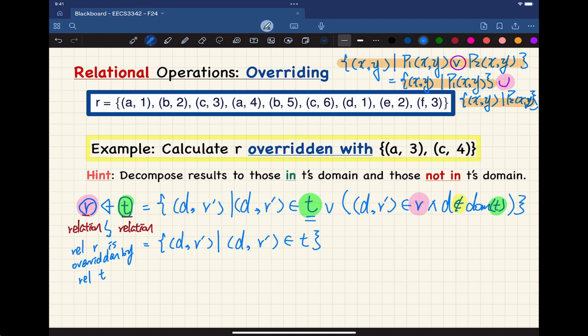And let's now turn this disjunction over here into union. And then we got another set, also dr prime such that, I'm going to copy this condition over here verbatim, dr prime in R, and d is not in the domain of T.